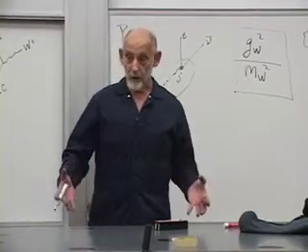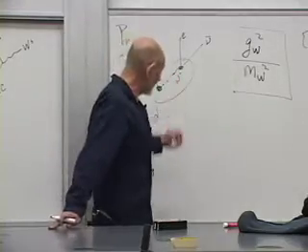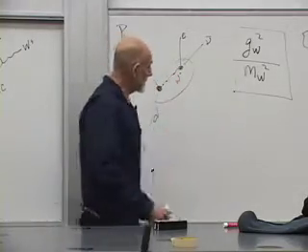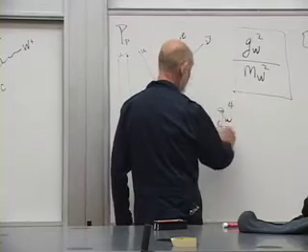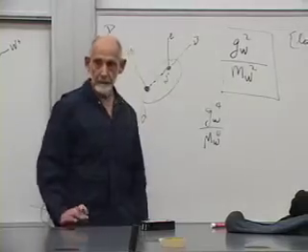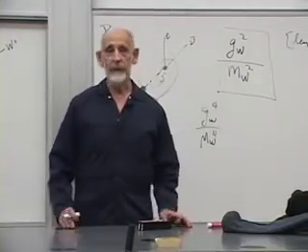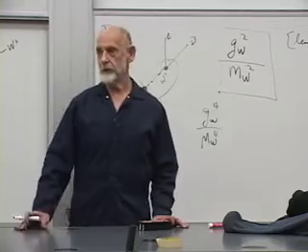We have to square the whole thing to find the probability for the reaction to happen. So what does that mean? That means something like GW to the fourth divided by mw to the fourth. That's a very small number if the mass of the W is large. That's why weak interactions are small.